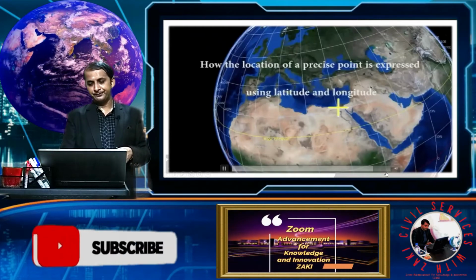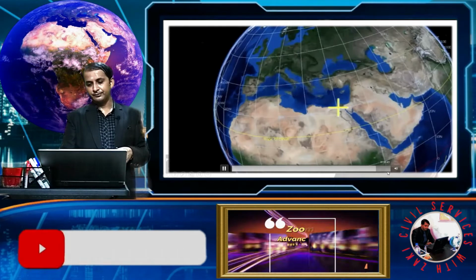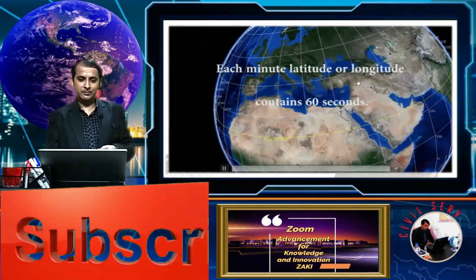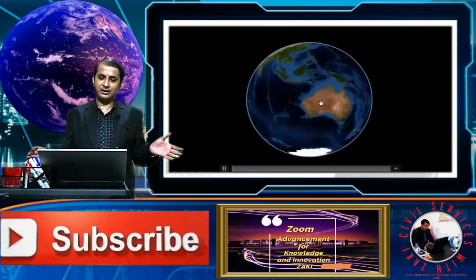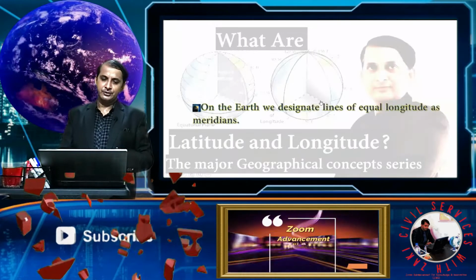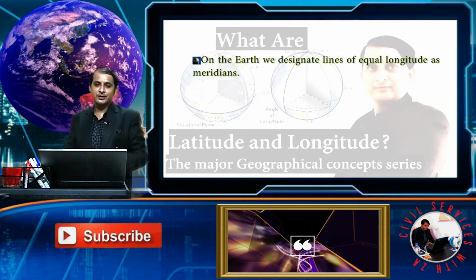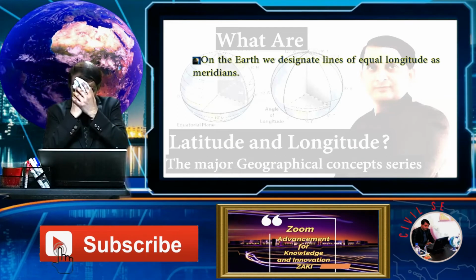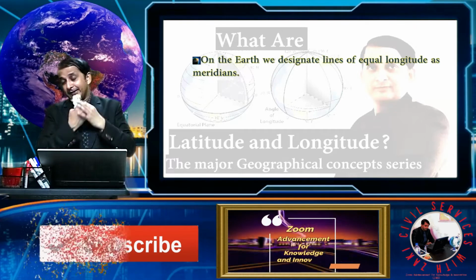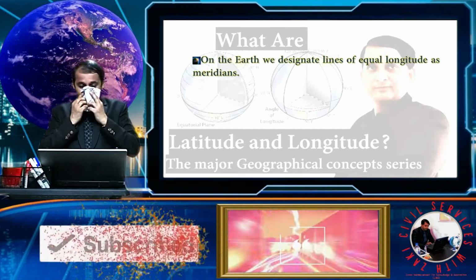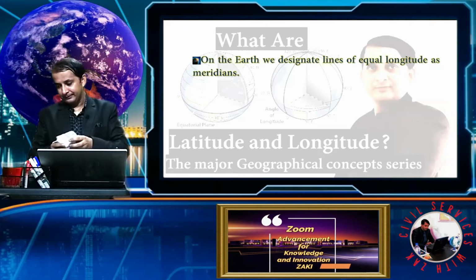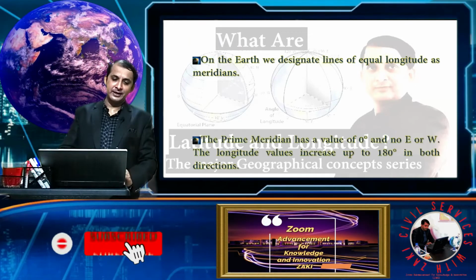So that's all about it. If you find any location on the earth, we designate a line of equal longitude as a meridian. So longitudes are also called meridians.